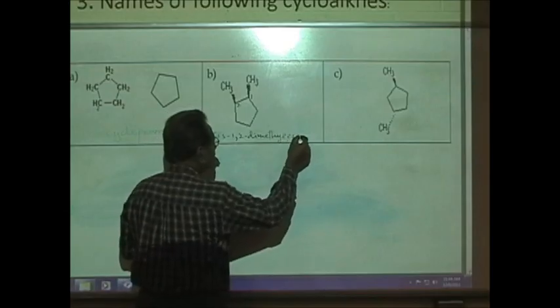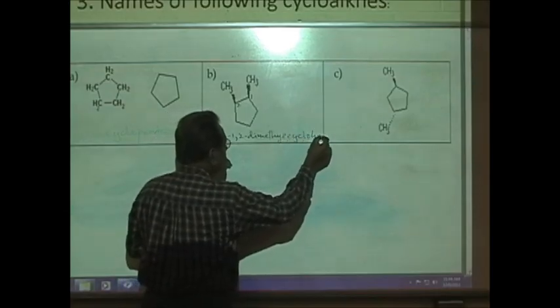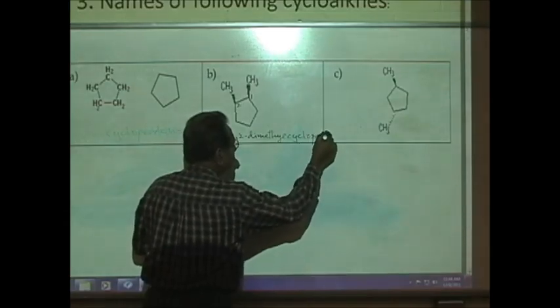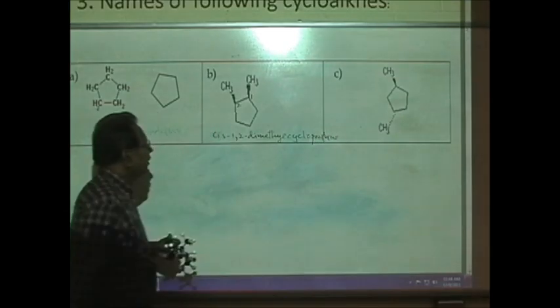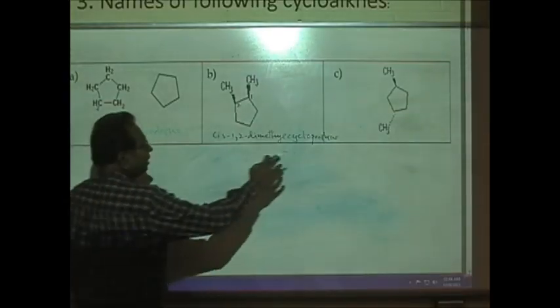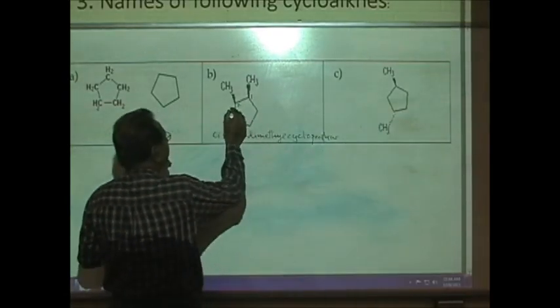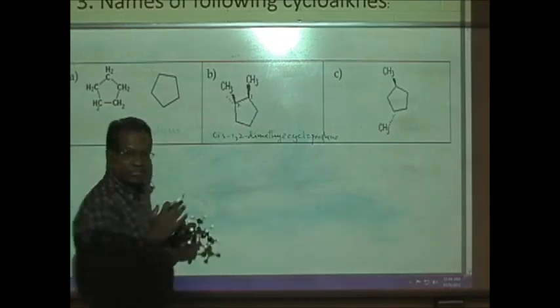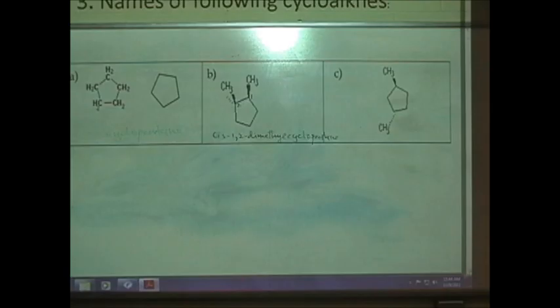Cyclohexane. Oh, pentane. Pentane, 5-membered. All right. Now, if this line was broken, that's going to be the opposite of cis. That would have been trans.